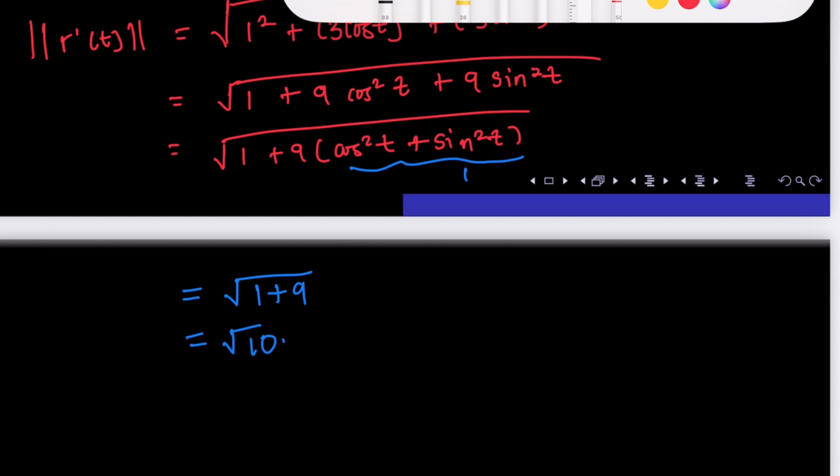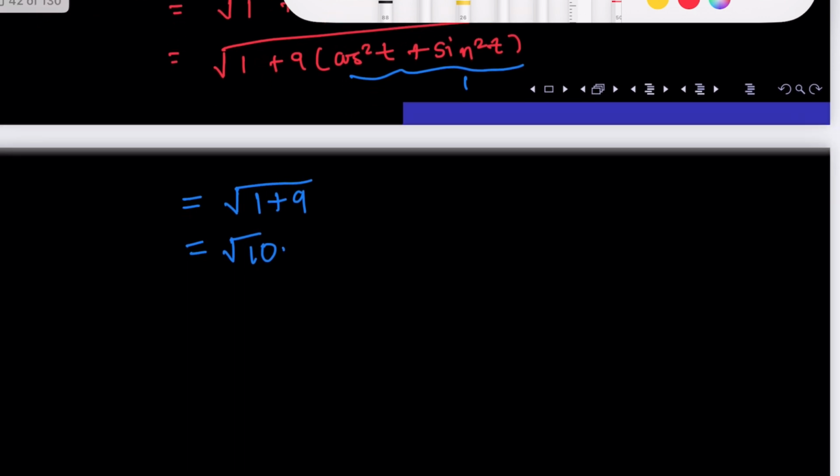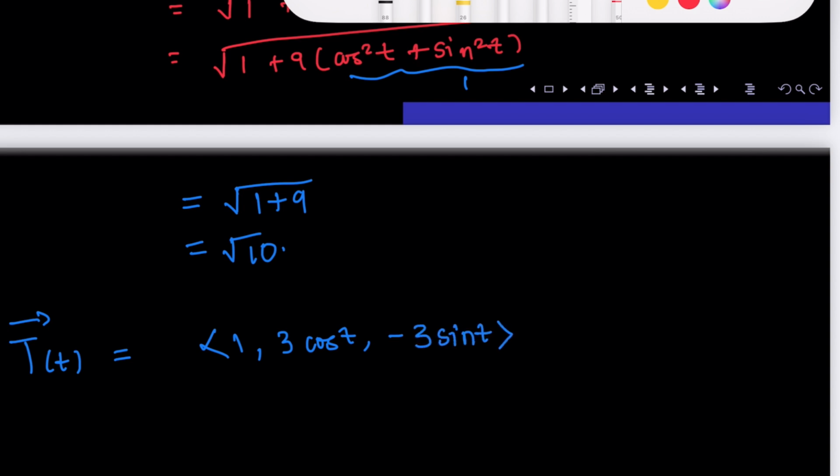Now we move on to find the unit tangent vector. We are going to have capital T of t equal to our tangent vector, 1, 3 cosine of t, minus 3 sine of t, then divided by the magnitude, which is now square root of 10.